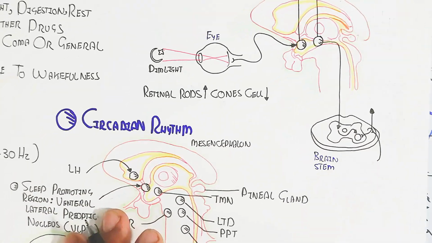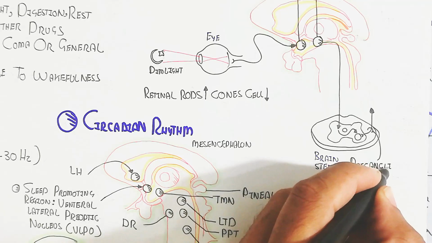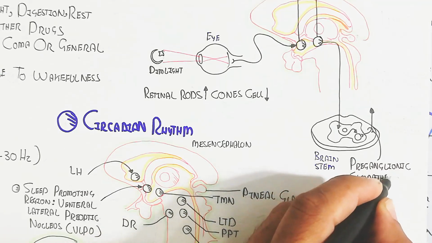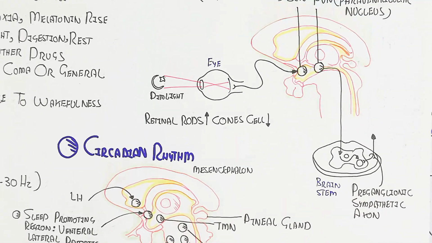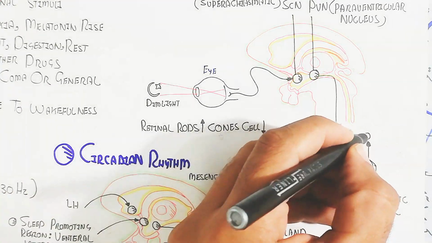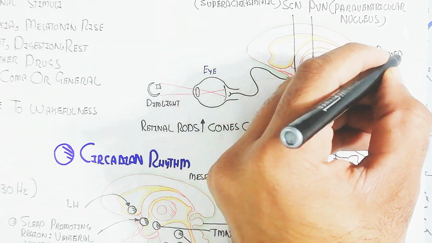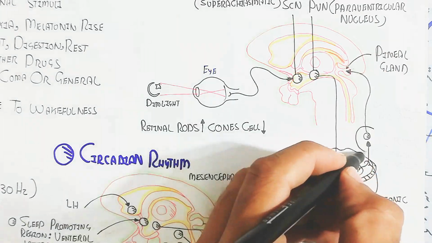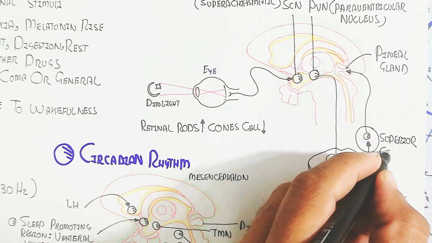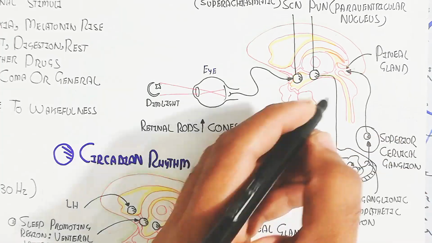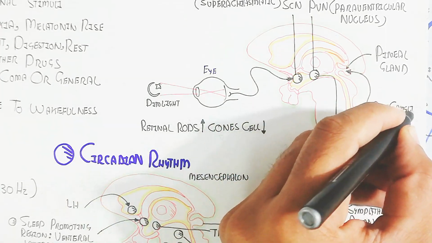This preganglionic sympathetic axon will trigger the superior cervical ganglion. The superior cervical ganglion will trigger the postganglionic axon. This postganglionic axon will directly target the pineal gland for the synthesis and release of melatonin, because melatonin is released from the pineal gland.